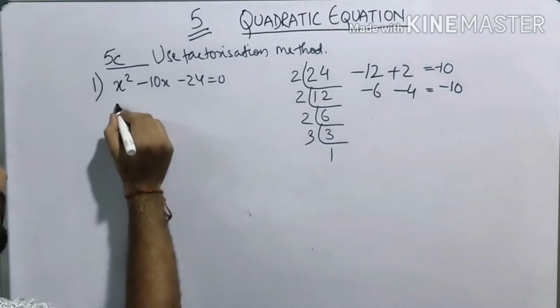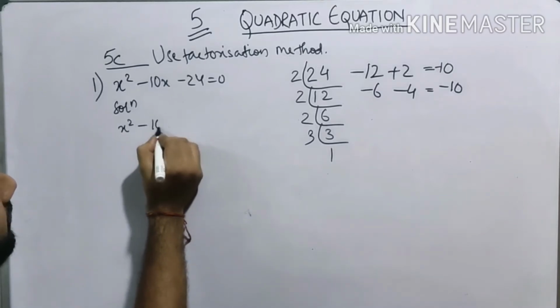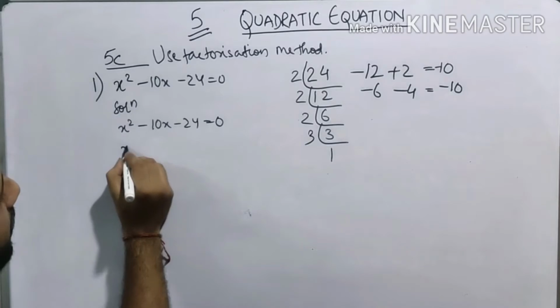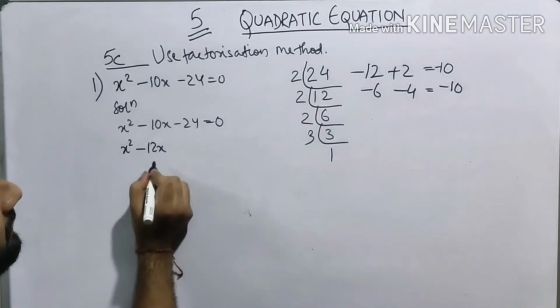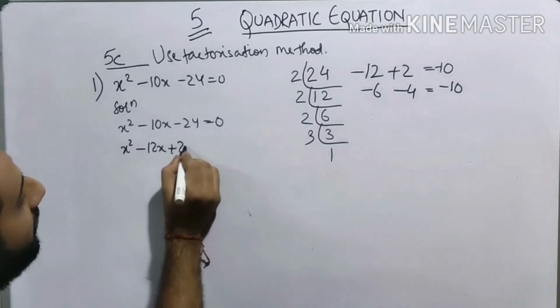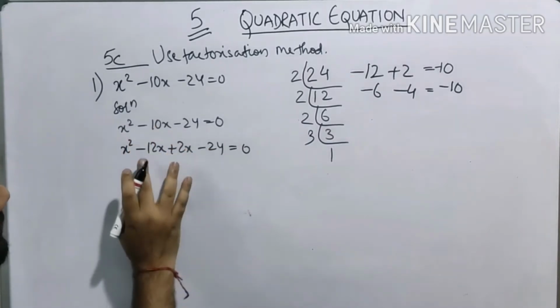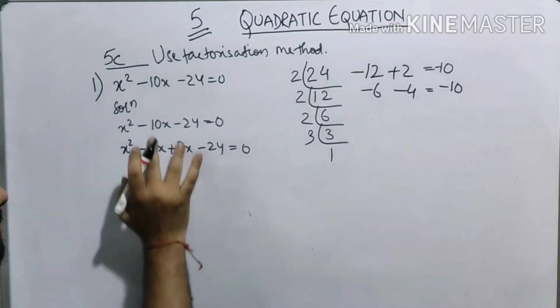So, the solution. x² - 10x - 24 = 0. Let us take x² first, minus 12x, plus 2x, minus 24 equals 0. See, I broke the 10 into minus 12 plus 2, which becomes minus 10 again, the same thing.